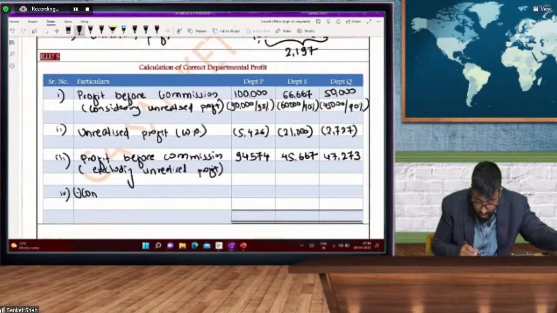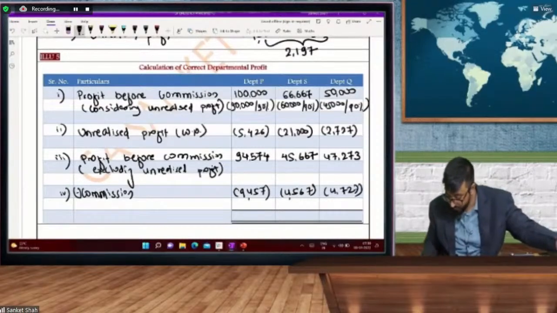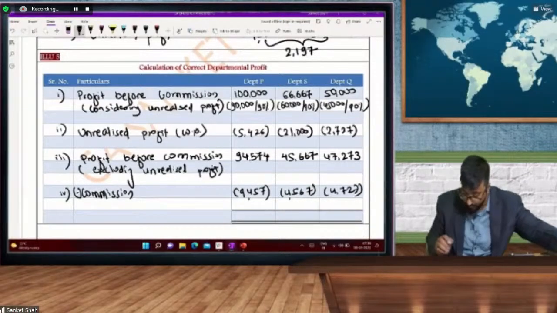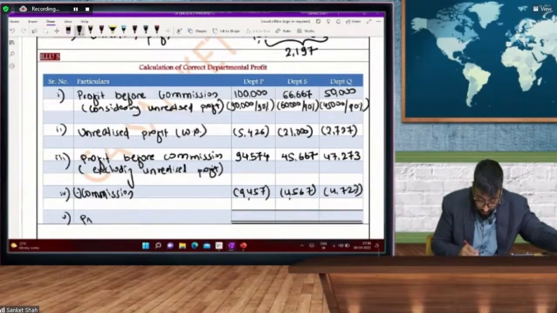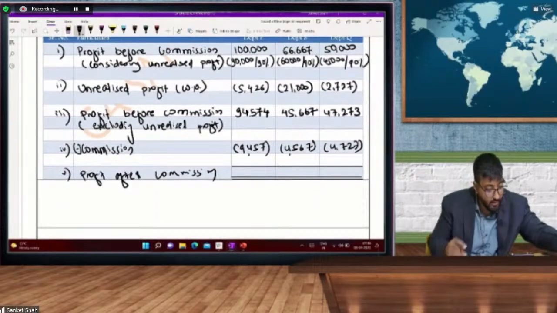Less commission: 9,457, 4,567, 4,727. And then profit after commission. Yes beta, deduct it.